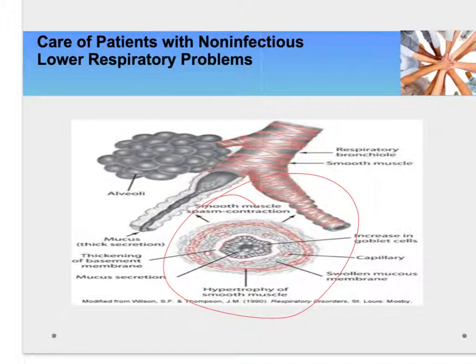And the intention of this slide is also to just remind us of the anatomy and physiology of how the bronchioles come down and terminate into the alveoli.